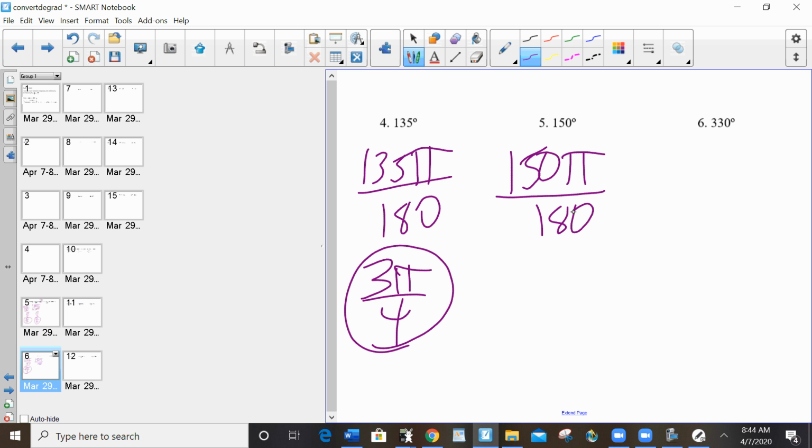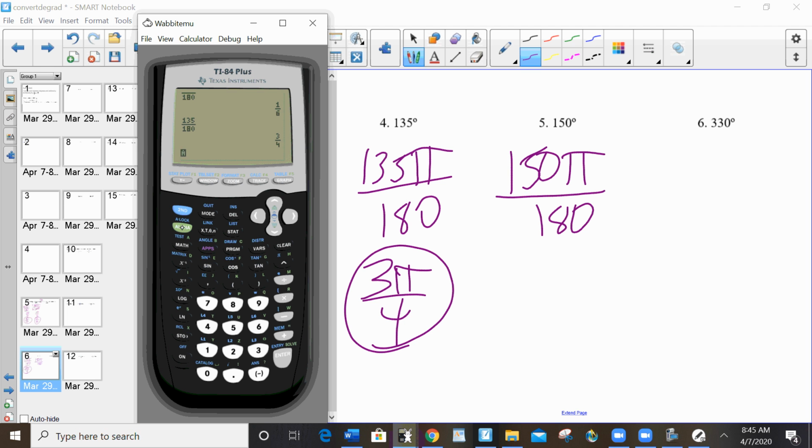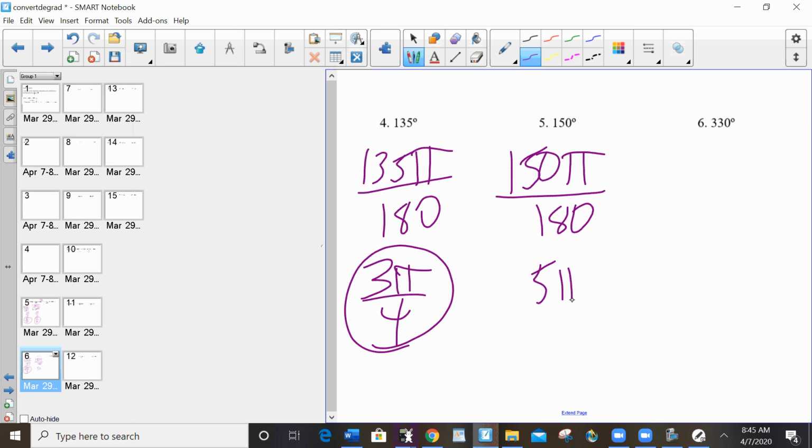I'll give you a moment to try and reduce the fraction on your own if you haven't already. Five over 6, so it becomes 5 pi over 6. And that's it.